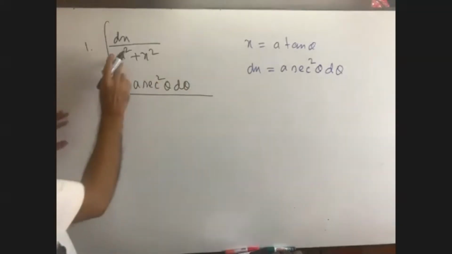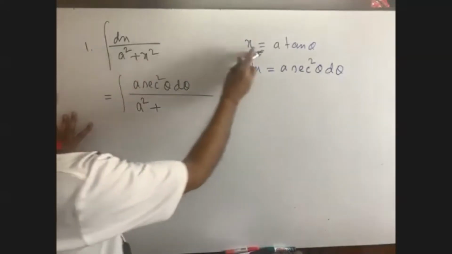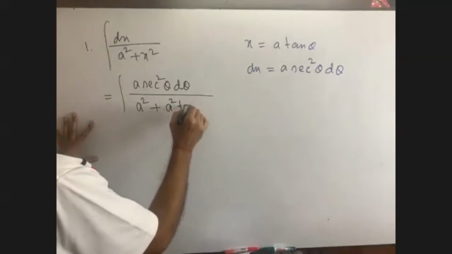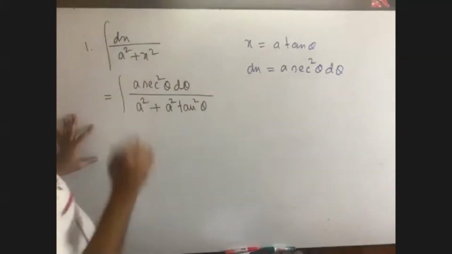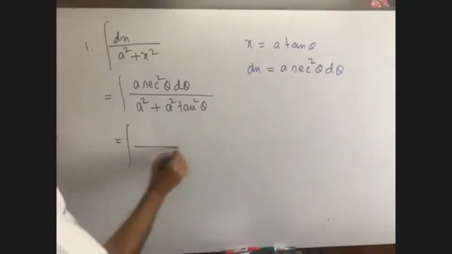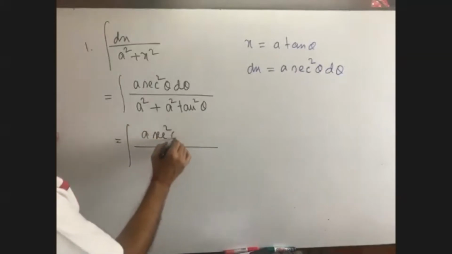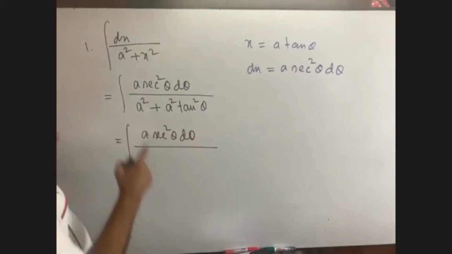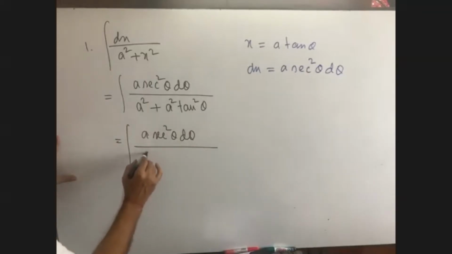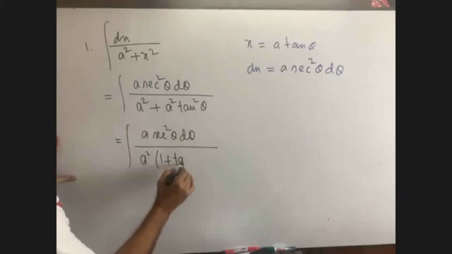Now, it is a square, yes, it is a square. What is the value of x? It is a tan theta. That is a square tan square theta, right? Now you see, we can write here a sec square theta d theta. If a square is taken common, then what will we get? A square into 1 plus tan square theta, right?